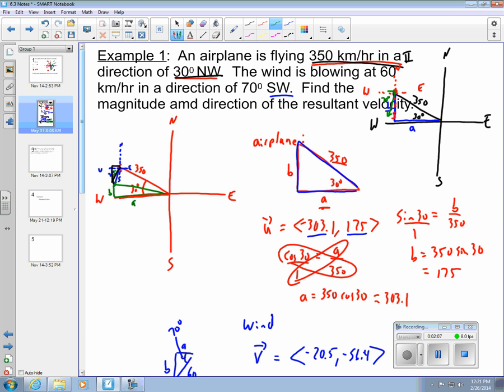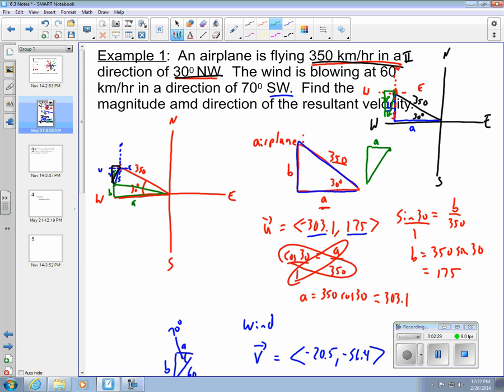So to draw out the triangle for this, starting here, I'm going to draw it over. This is the resultant.